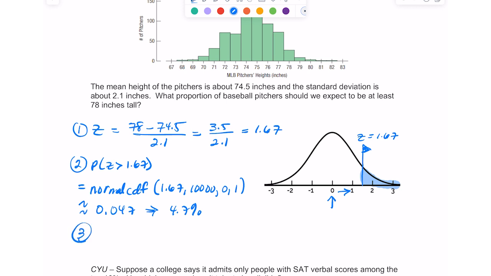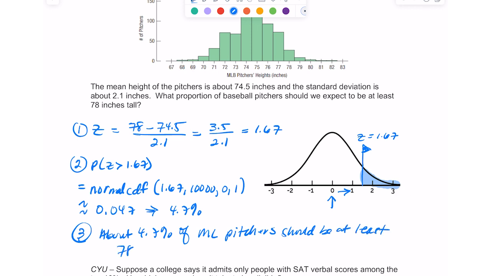So what that means is, this is the tell part, about 4.7% of major league pitchers should be at least 78 inches tall. That's the probability that you would find a major league pitcher that's taller than 78 inches.